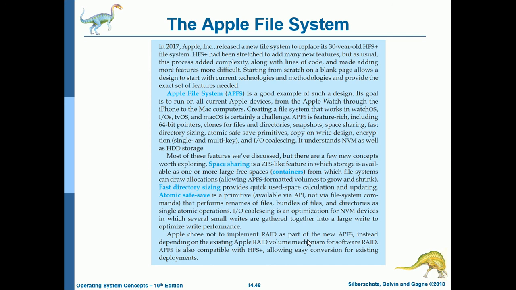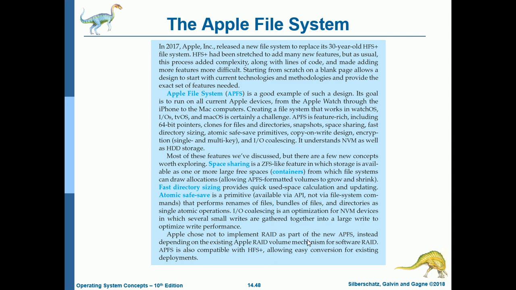Its goal is to run on all current Apple devices, from the Apple Watch through the iPhone to the Mac computers. Creating a file system that works in watchOS, iOS, tvOS, and macOS is certainly a challenge, of course, because there are different devices.